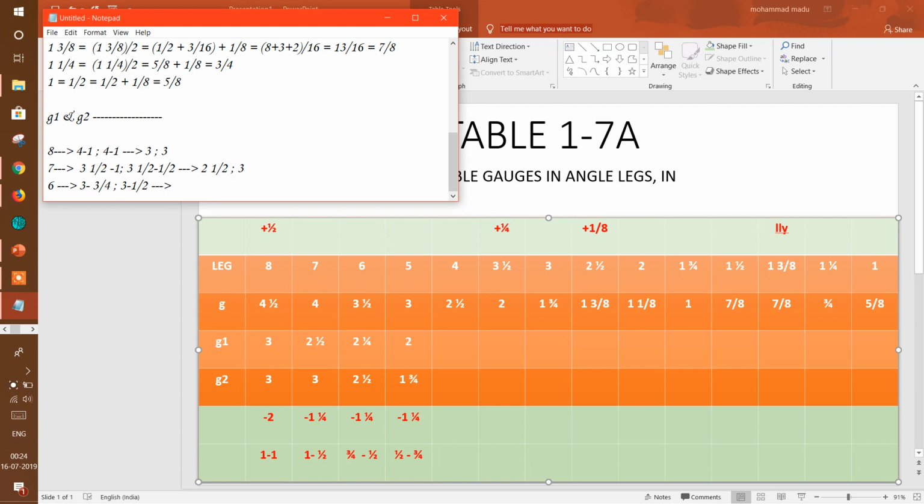And 3 minus 1 by 4 means 2, 1 by 2, 1 by 4, 1 by 2, 1 by 2. That's it.